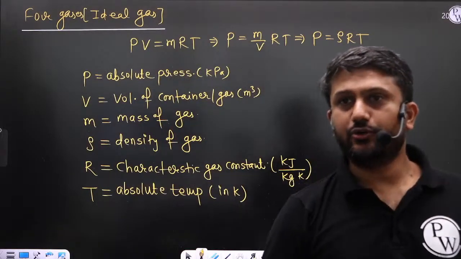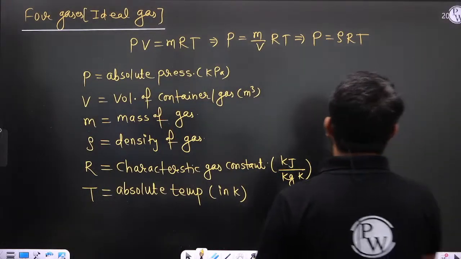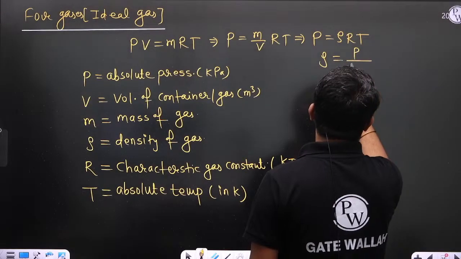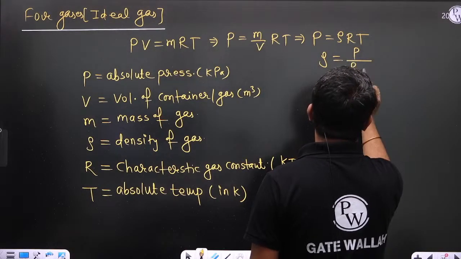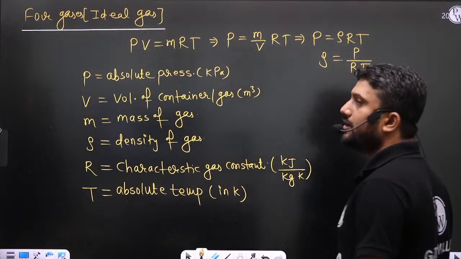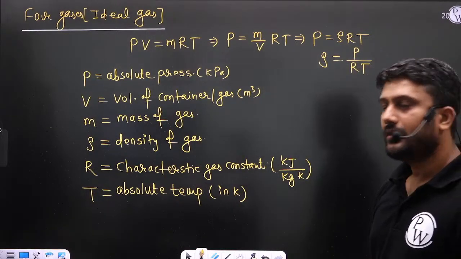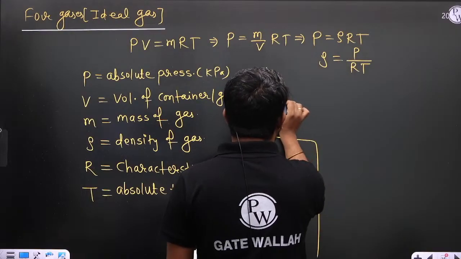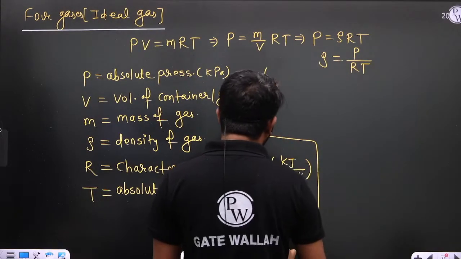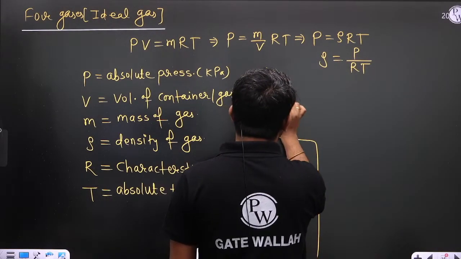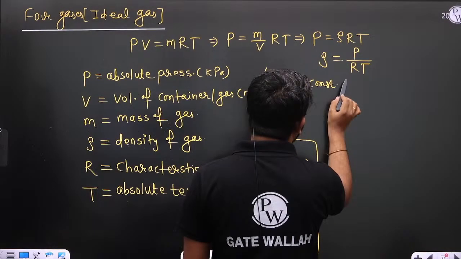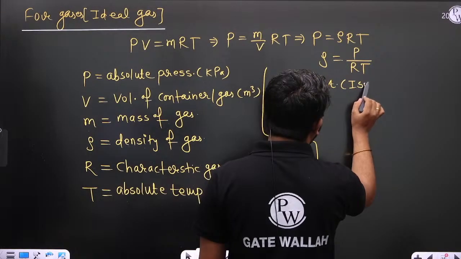So P is equal to rho RT, or we can say rho is equal to P by RT. At a given pressure, if pressure is constant, that means isobaric condition.